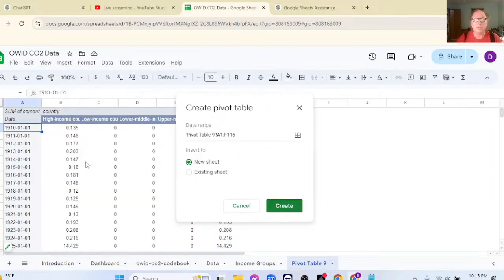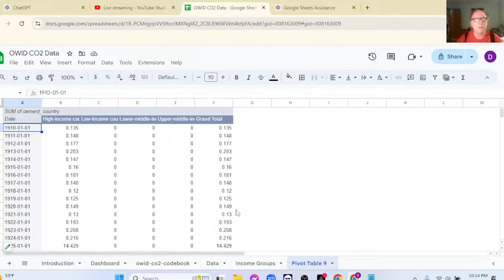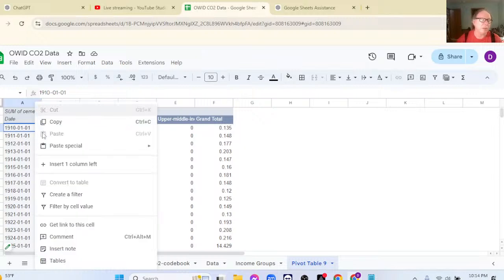Insert pivot table, cancel. But this already has a pivot table on it. So how do we get back into the pivot table here?